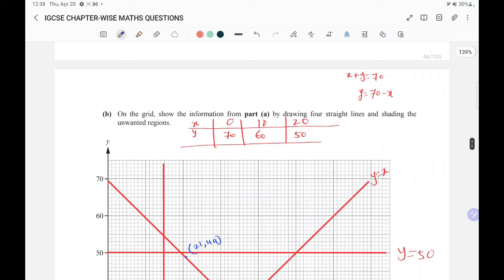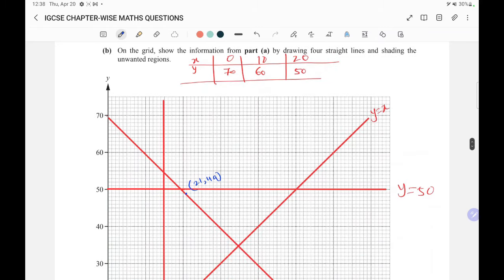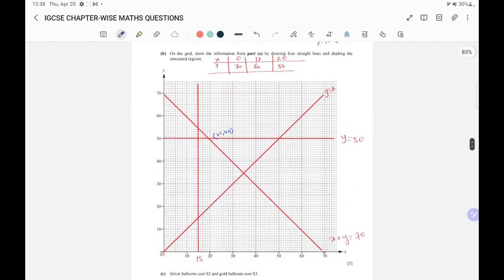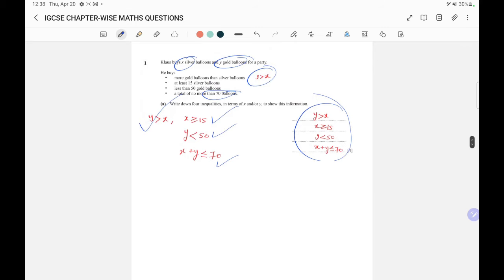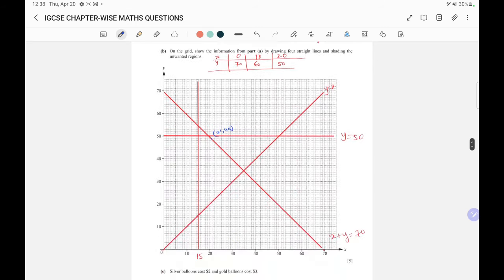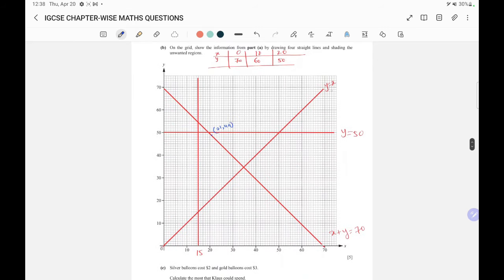Now on the grid, show the information from part A by drawing 4 straight lines and shading the unwanted region. Okay, no problem. Okay guys, so now here you can check Y greater than X. So first of all, we have to draw this line, okay? Y equals X, and Y greater than X. So just you can select any point. Suppose this point, okay, this point is 30, 60.